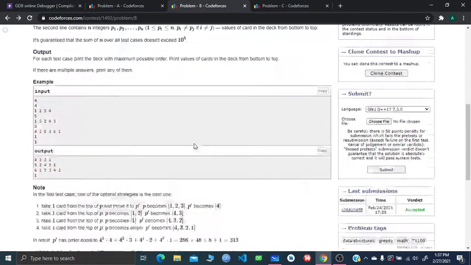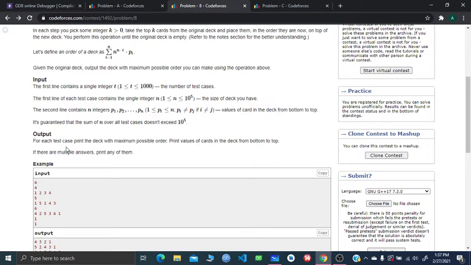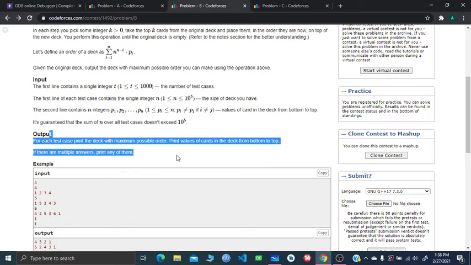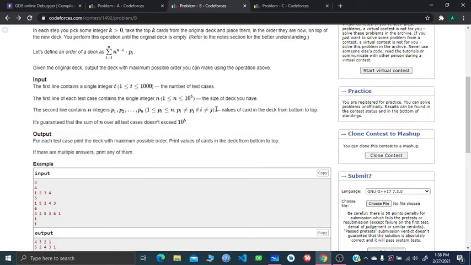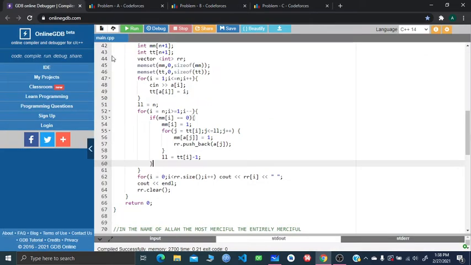Ultimately, I have to return, okay, I have to actually return the maximum possible order, not the value. Sorry for that. Maximum possible order. So that's easy. Let's just make the groups and put them inside the vector. That's exactly what I did here.